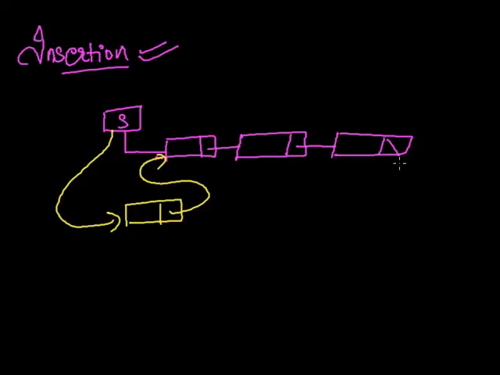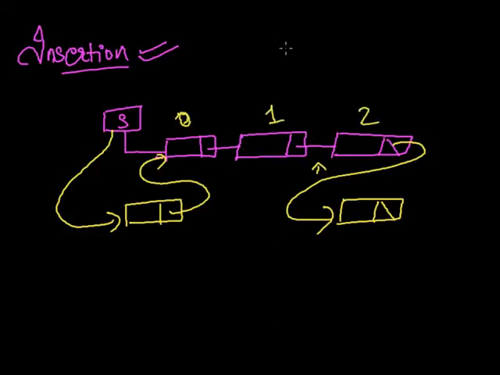If we want to insert into the end of the linked list, then we will create a temp node. Then we will overwrite this null by the address of this node, and then we will write null to this node. If we want to insert a node, say between the node number 1 and 2, we need to take a temp node.